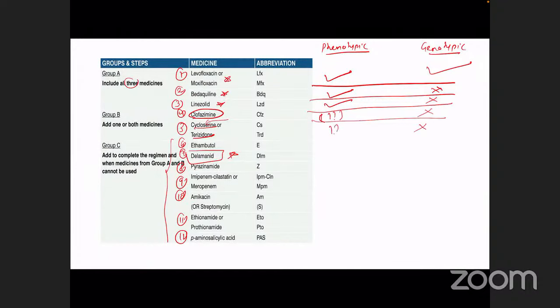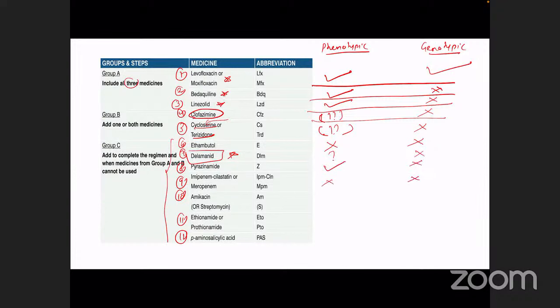It is still query. When I say query, it is not being routinely used for routine purposes. Okay. For ethambutol, you don't have any method available, neither genotypic nor phenotypic. Delamanid, it is still query. Pyrazinamide, yes, you have the phenotypic method available, but no genotypic method. For this, nothing is available.